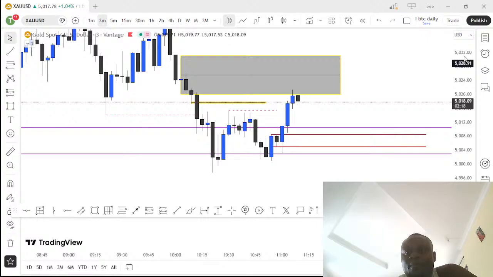This will be our TP1, TP2, 49.70. That's where we think we should exit the market.